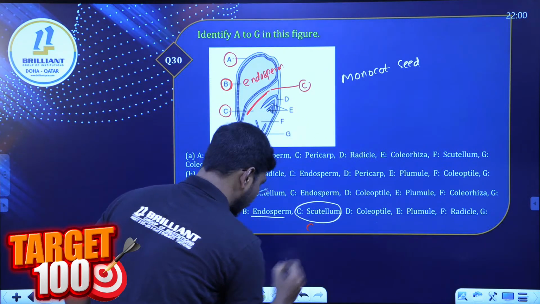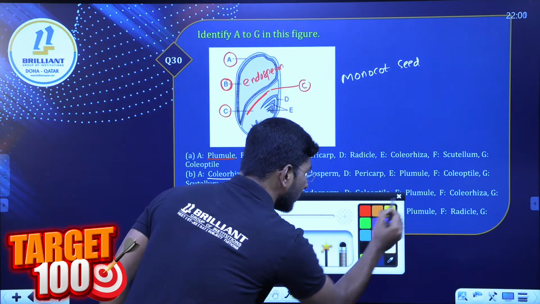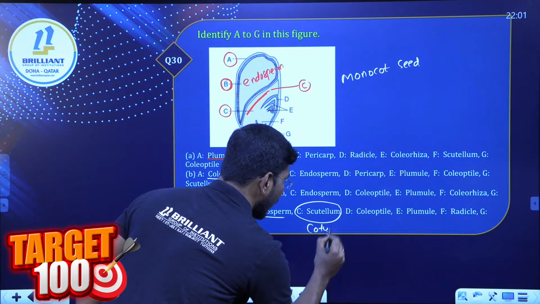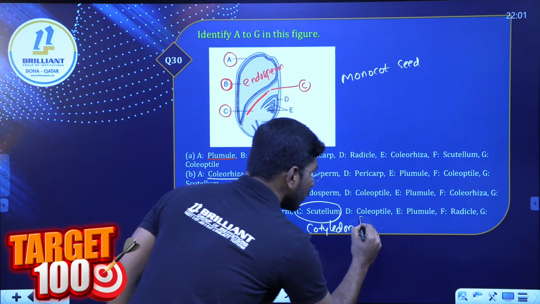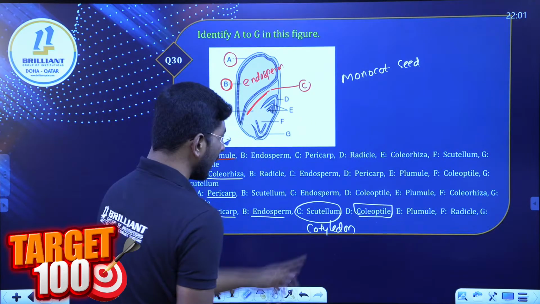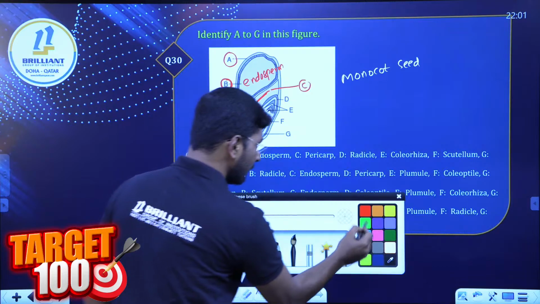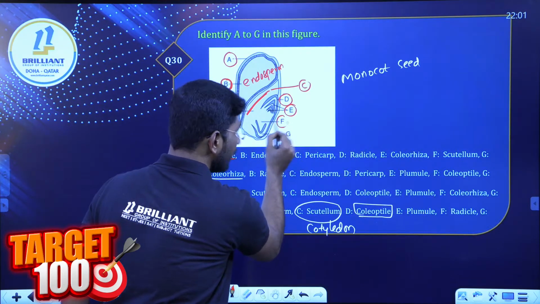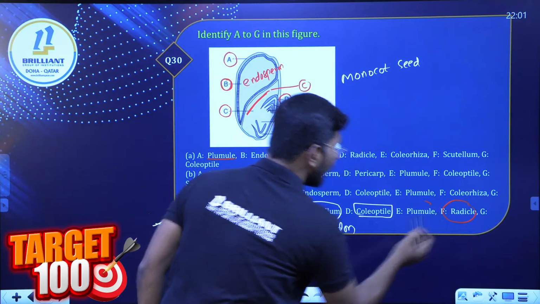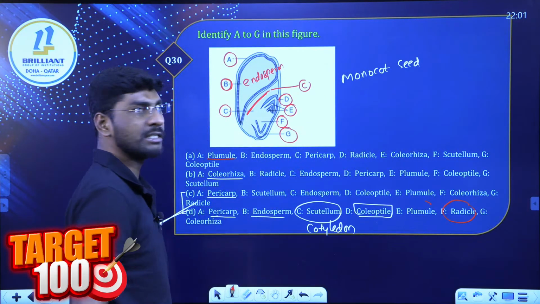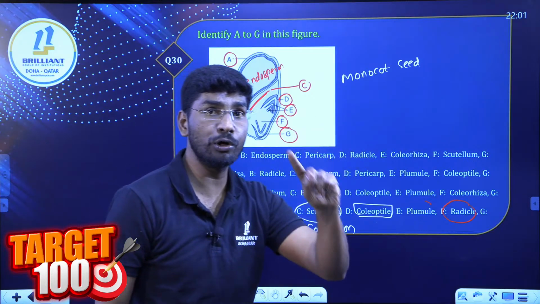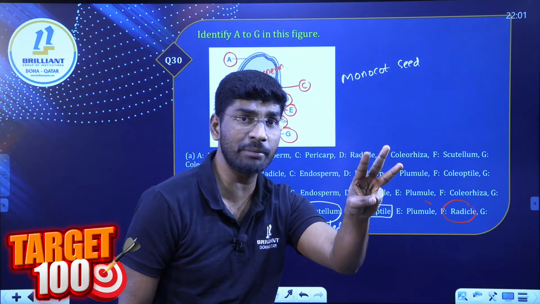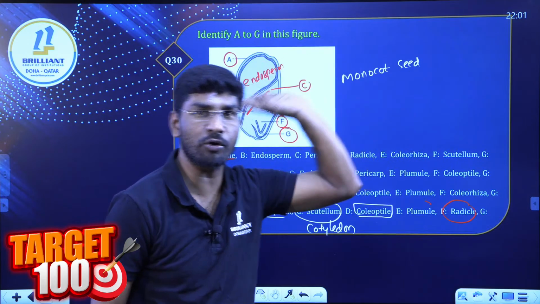Remember, cotyledon. Next, coleoptile. Where is coleoptile? D is coleoptile. E, plumule. F is radicle and also coleorhiza. Coleoptile, coleorhiza, scutellum: if these three come, that's a monocot seed.